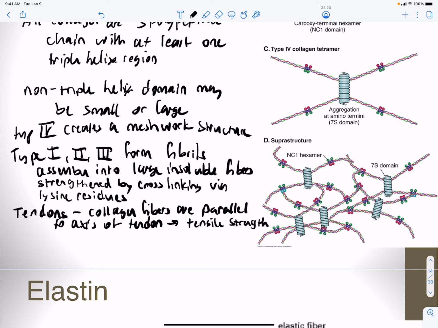And then we also have, again, our fibers, such as our type 4, that are part of your basement membranes found in many tissues, of course. And they are going to form a flexible collagen. And so that's going to be due to the collagen type 4 being able to form tetramers.